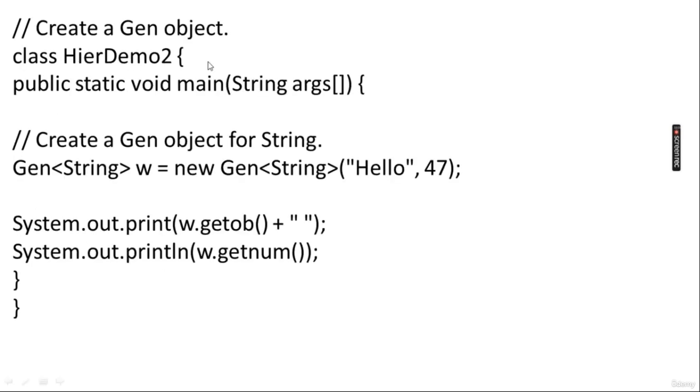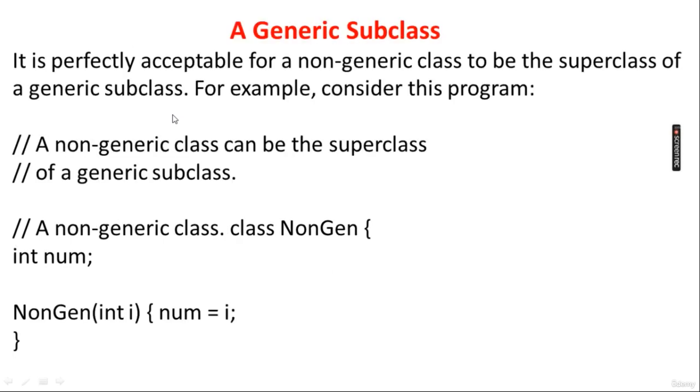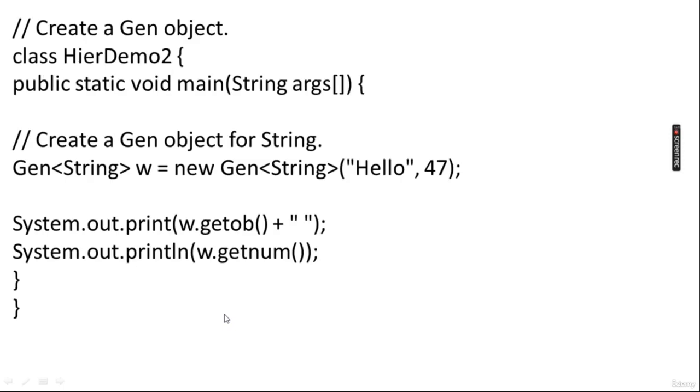Then the Hier Demo2. Create a Gen object for String type parameter: Generic<String> w is equal to new Generic<String>("hello", 47). What is the use of 47? 47 is passed as the integer value to the parameterized constructor through the use of super(i). So this i, 47, will be passed over here to initialize num is equal to 47.